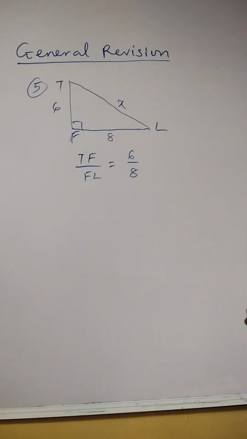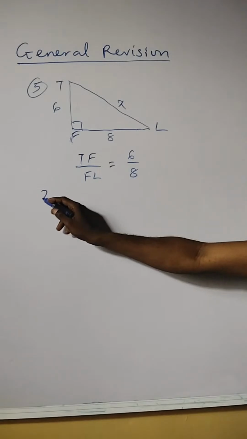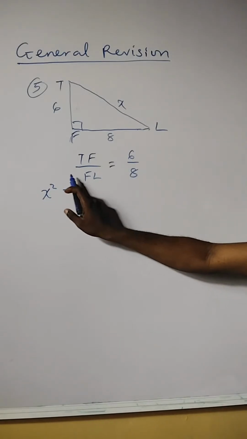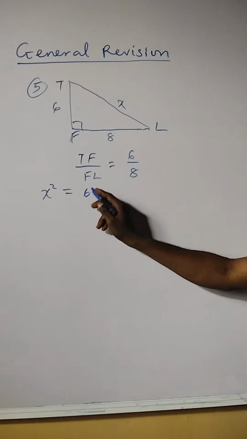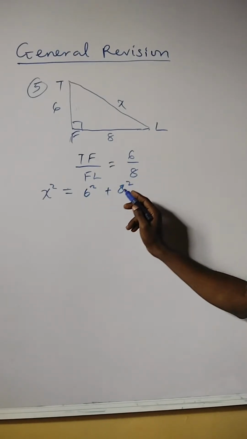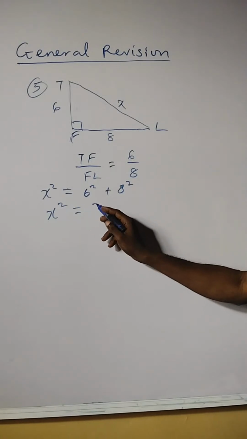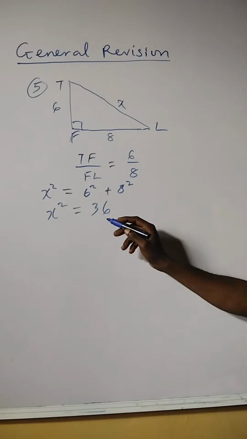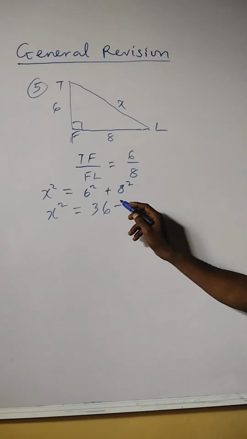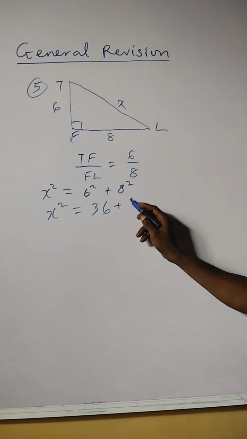The use of Pythagoras theorem comes into place here for the shortest distance. So we apply Pythagoras. We have x squared equals 6 squared plus 8 squared. And here we have x squared equals 6 squared, 36, plus 8 squared, 64.